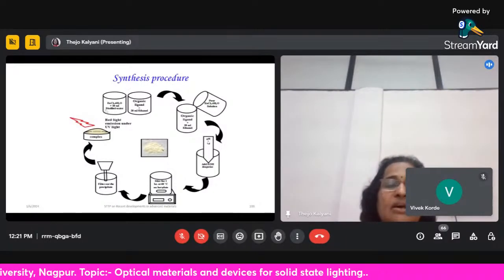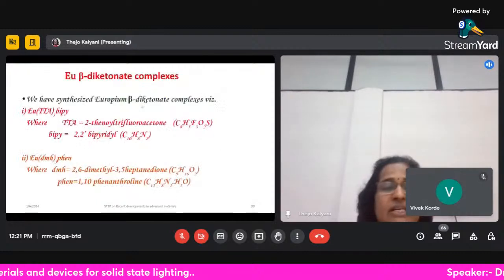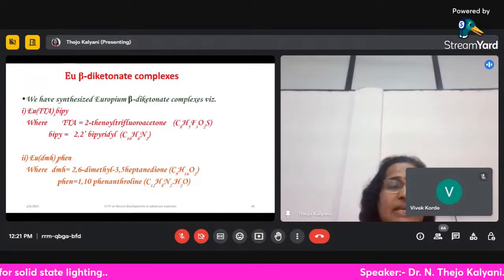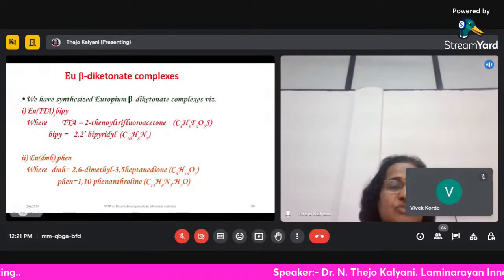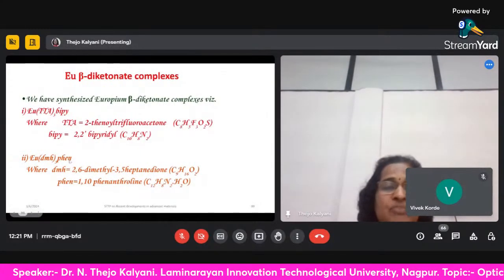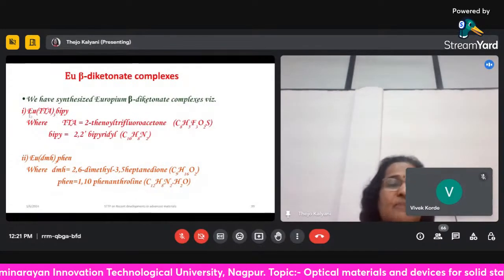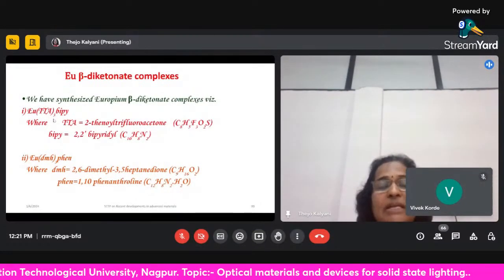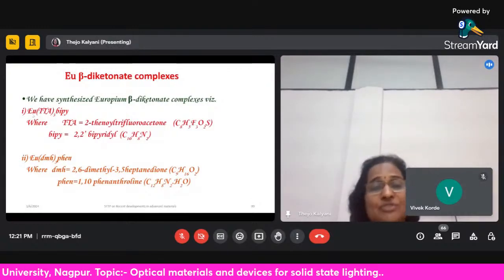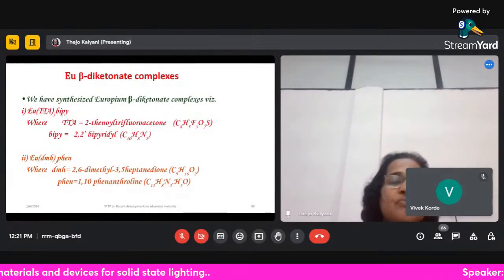Initially europium chloride is taken, and the ligand which we have considered here, TTA, is a ligand, and the other ligand which we have used in some other synthesis is DBM. This is the secondary ligand, bipy in this case, and here it is going to be phenanthroline. Even if you consider Eu(TTA)3 alone, it's also going to be a complex. Since it's an organic ligand with an inorganic metal, we can say that it's a hybrid complex, a combination of inorganic and organic ligands.